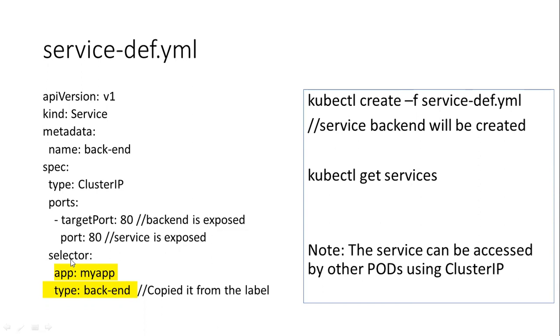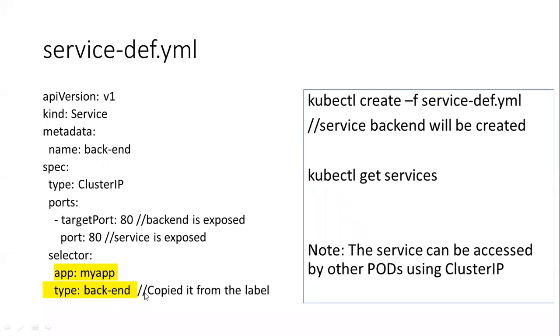So I'll be filtering out the pods which have this name. In this case, the selector is: wherever there is a label called app, my app, and wherever the type is backend. So copy it from the label section, where in the pod definition it will mostly be created.